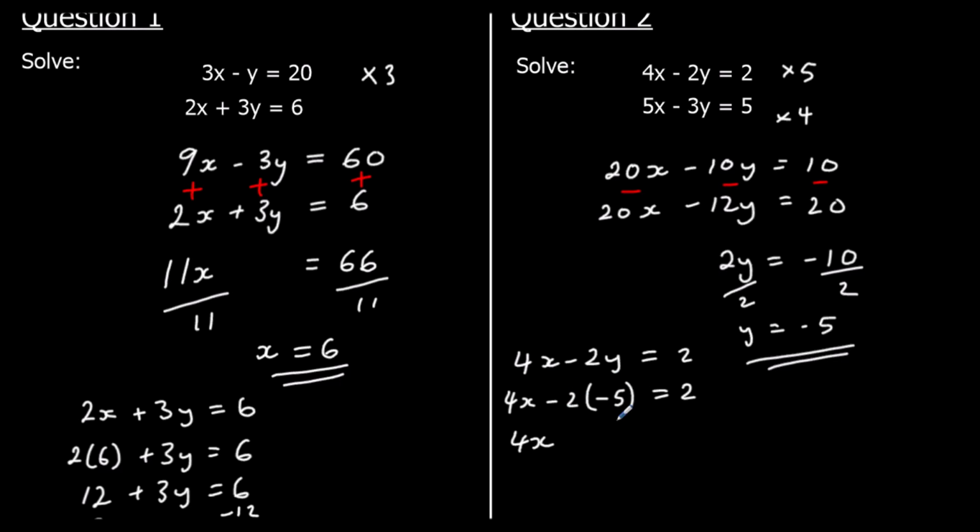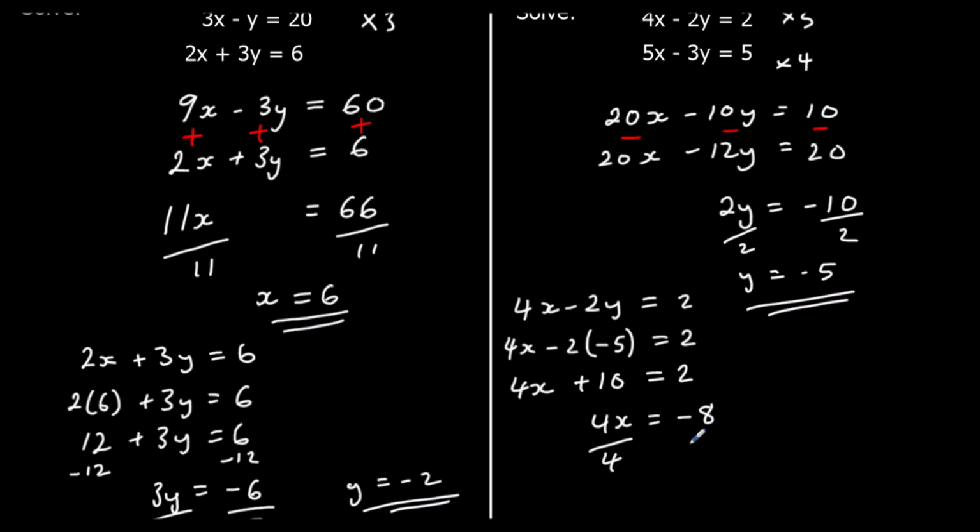Negative 2 times negative 5 is a positive 10. So now we're solving an equation. We're going to take 10 away from both sides. So 4x equals negative 8. And divide both sides by 4. So x is negative 2. So we've got y is negative 5 and x is negative 2.